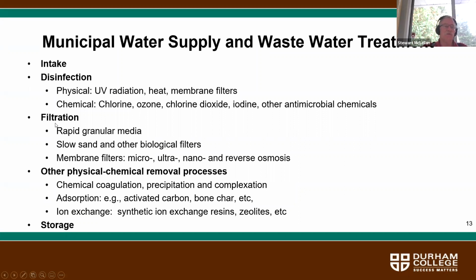After disinfection, you have filtration: rapid granular media, slow sand, and other biological filters, or it can be membrane filters: micro, ultra, nano, and reverse osmosis. An example of a rapid granular media would be something like carbon vessels.